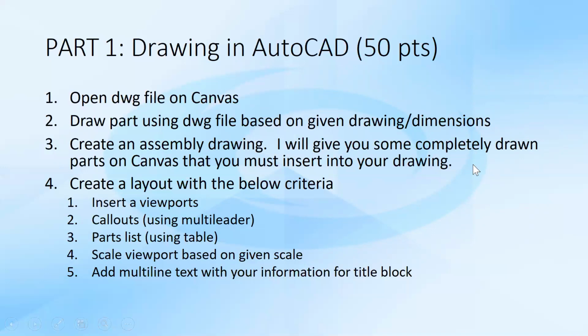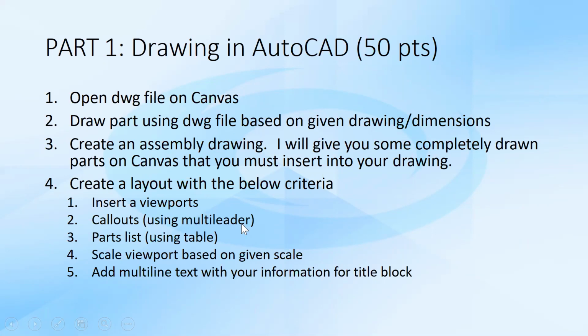All right, and then after you're done with that, you are going to create a layout tab with the below criteria. So make sure you know how to insert viewports, you know how to add those callouts, which are just the part numbers labeled.